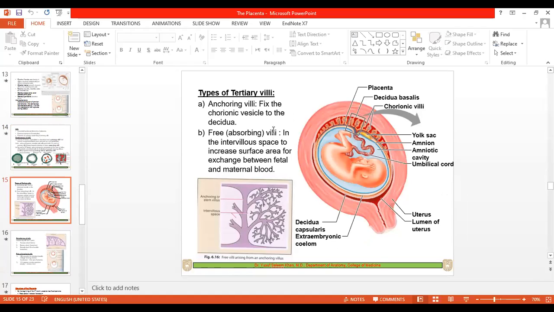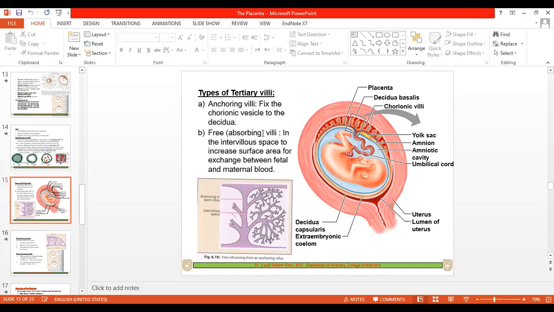Now here, depending on whether they are attached to both the surfaces. This is the decidual plate, and here is the chorionic plate. If they are attached to both the plates, then this is called the anchoring villi. Anchoring means attached. Then there are some free floating villi which are flowing and mainly acting in the exchange of material.